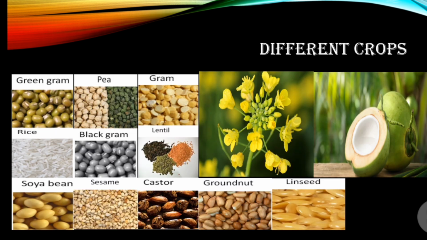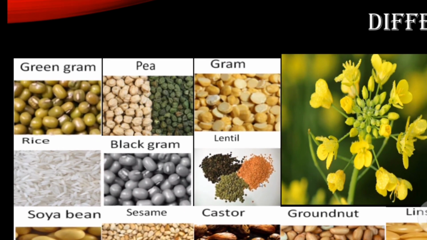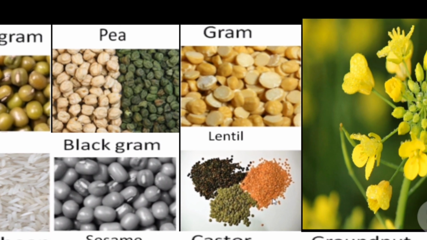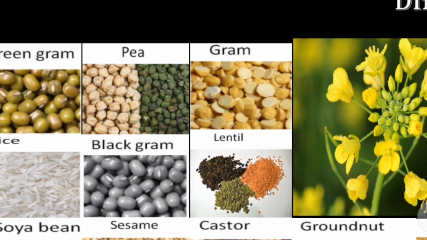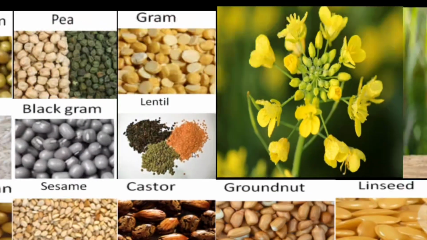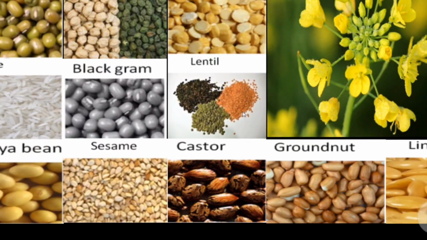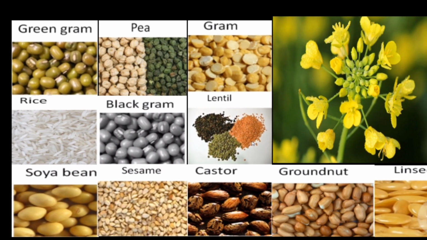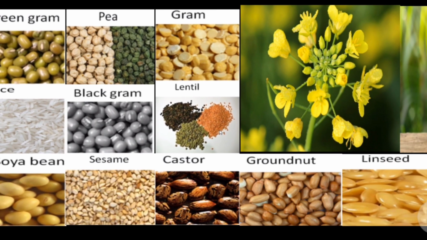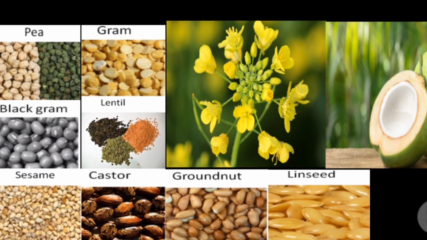So here in this slide, you are seeing different types of crops. This is green gram, this is pea, chickpea, green pea, then gram, rice, black gram, lentils, and here you can see soya beans, sesame, castor, groundnut, linseed.